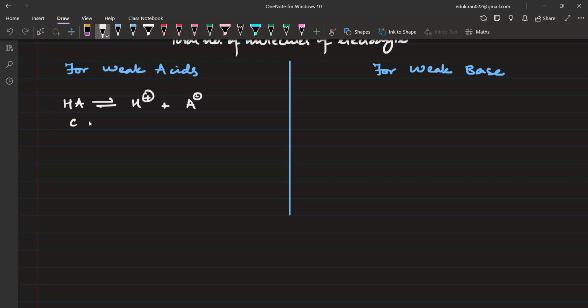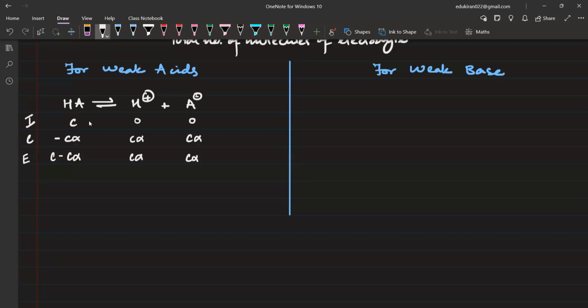C से डिनोट करते हैं। ठीक है, and initially यहाँ पे 0 और 0 होगा, this is the initial. जो change आएगा, the amount of HA which is getting dissociated will be equal to minus C into the dissociation constant. जितना आपने लिया है multiplied by the degree of dissociation will give you how much of HA is getting ionized, and जितना HA ionize होगा उतना H positive आपको मिलेगा, that is you will get C alpha here, and here also you will be getting C alpha. In equilibrium what will happen? We will have C minus C alpha, here you will have C alpha, and here you will have C alpha.